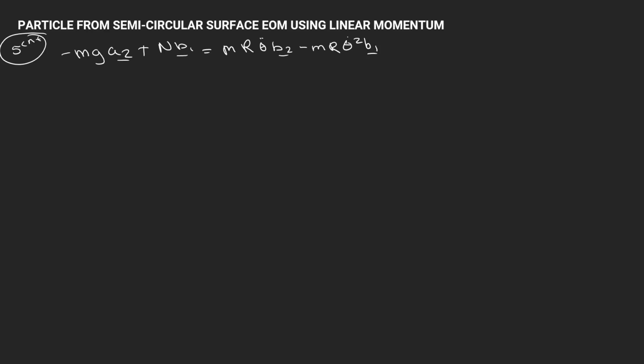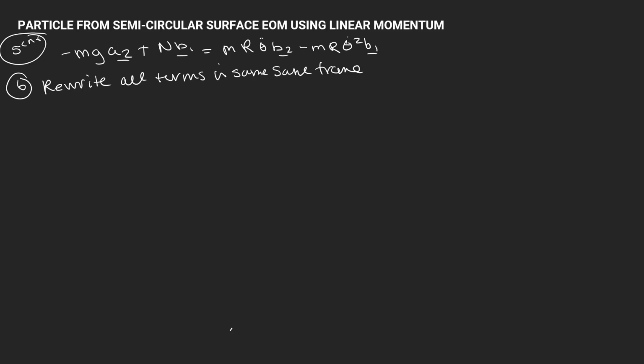So our next step, step 6, is to rewrite this equation where all the terms are in the same frame. So you'll notice as you're looking at that equation above, we have an A2, a B1, a B2, B1, and we need everything to be written in terms of the same unit vectors.